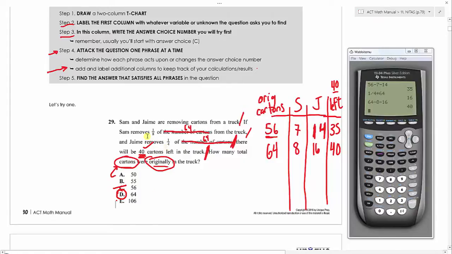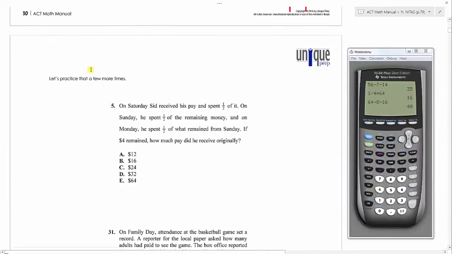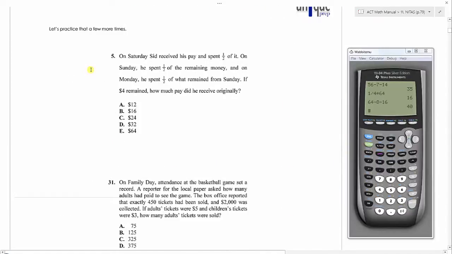So that's how the charts work. Again, I strongly suggest that you memorize these steps, follow them exactly as they appear here. They are designed to be very systematic and very simple to follow. If you don't follow them, yes, you might find that you have a little bit of trouble.